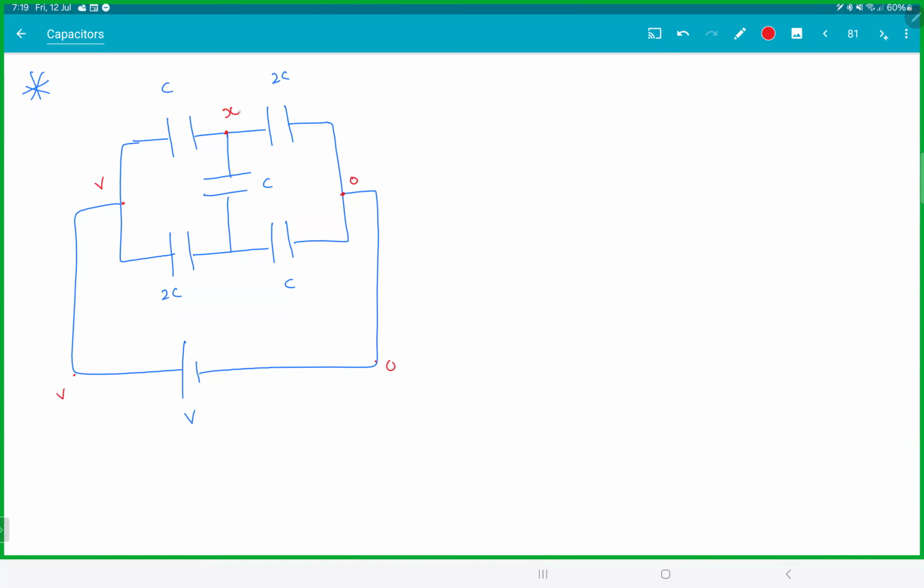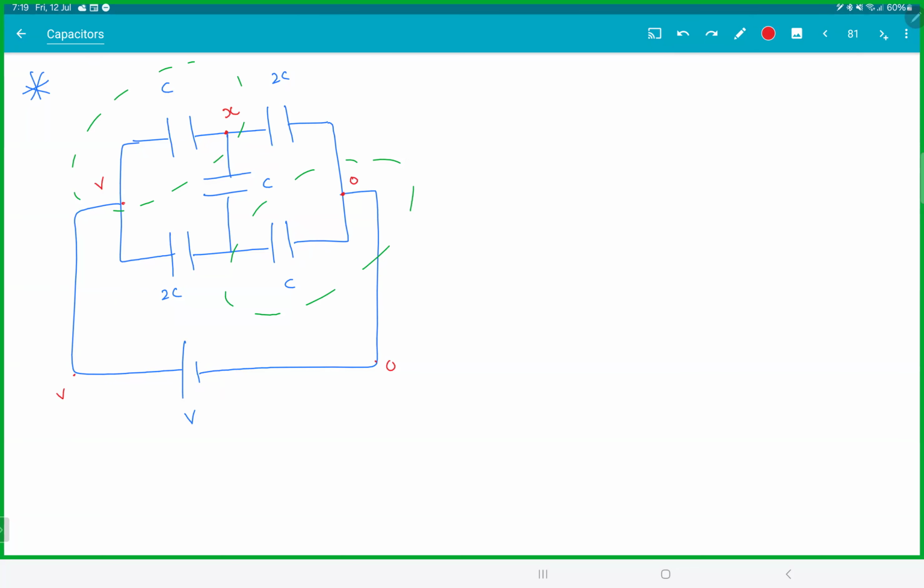Now this is the symmetry here. If you take this as X, you can clearly see this branch here and this branch here are identical. Whatever happens here on the top, the same thing happens on the left side. So we call this diagonal symmetry. Crisscross, they're looking identical.